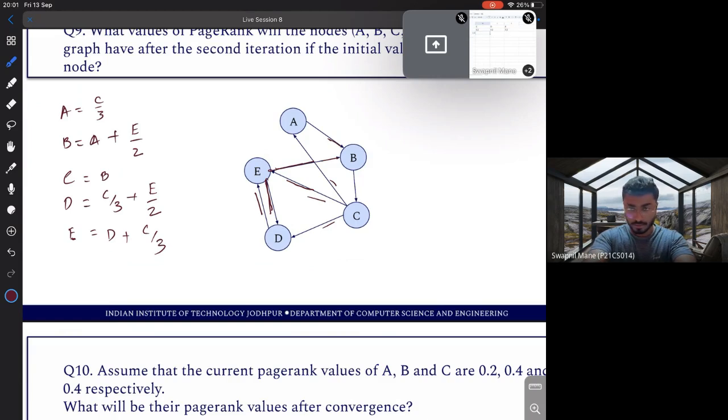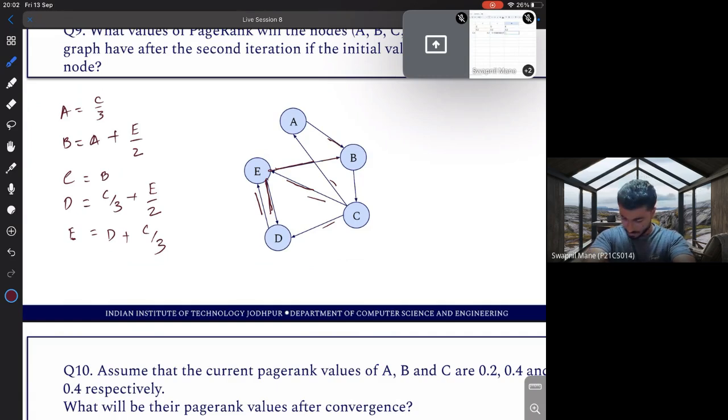Then C is directly B, and D is C divided by 3 plus E divided by 2, right?